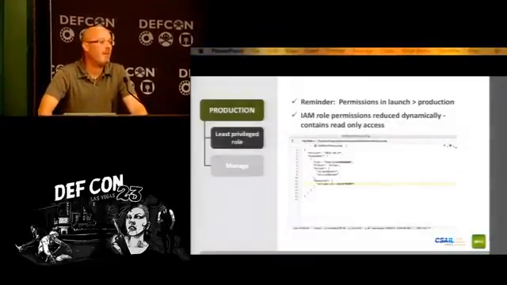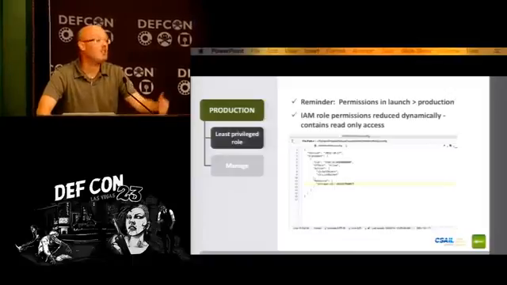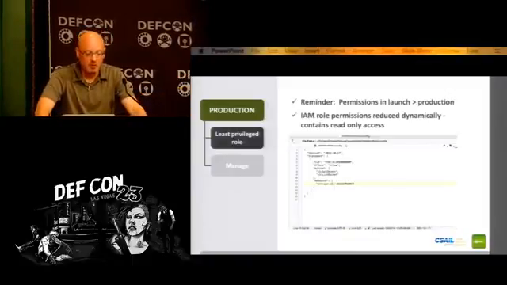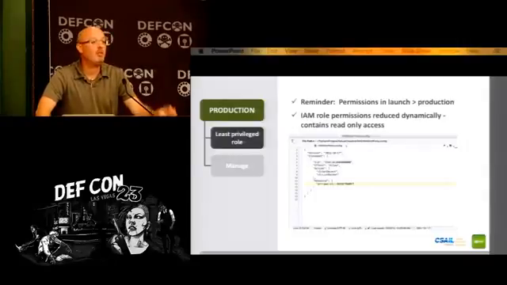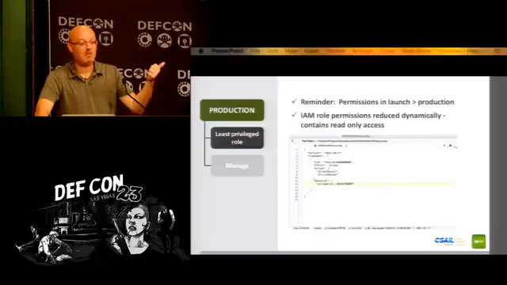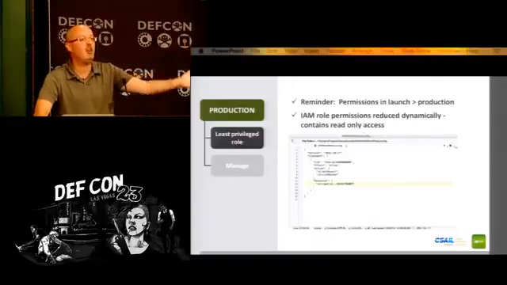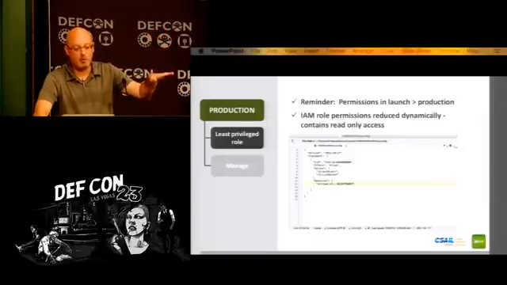Okay, so we got a server. It's moving to production. From now on, basically, we finish the launching phase, the initialization phase, I want to call it. We move to production. And there are a couple of things we need to remember in production environments. Permissions are lower. The server has now done everything it needs in the automation part, so we need to reduce permissions.